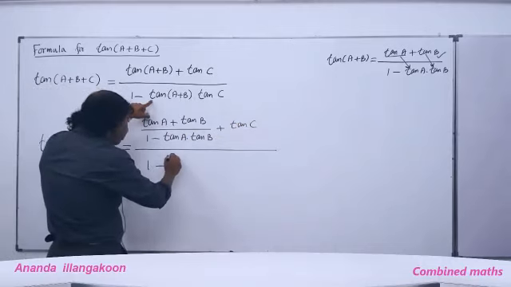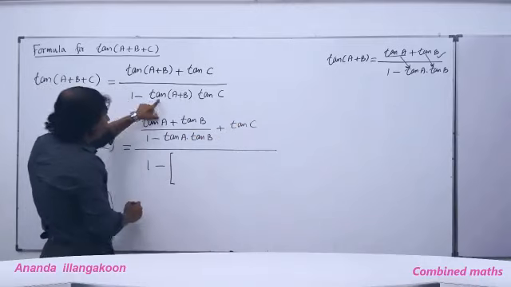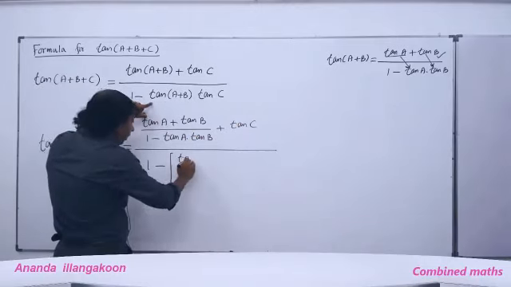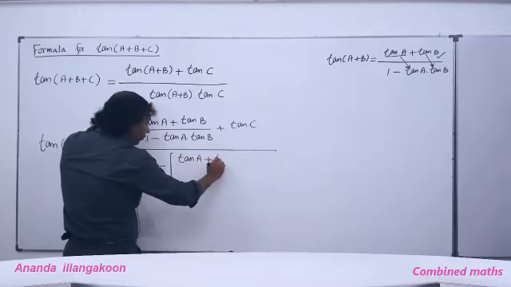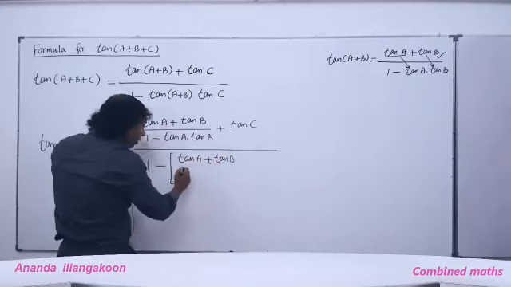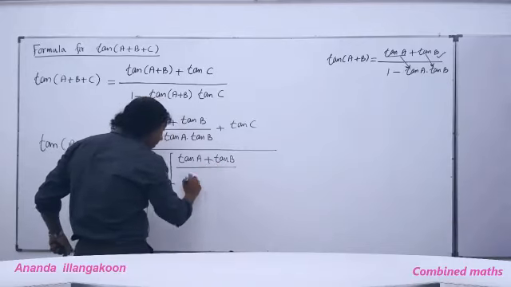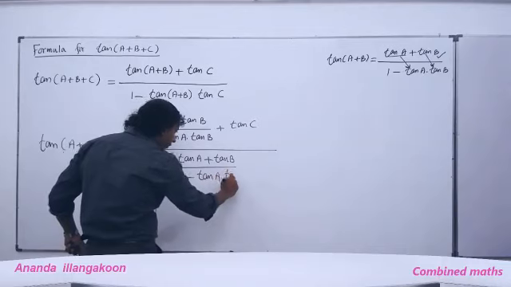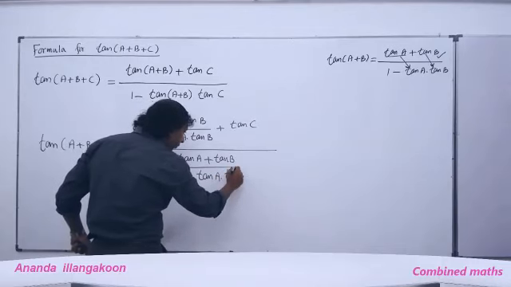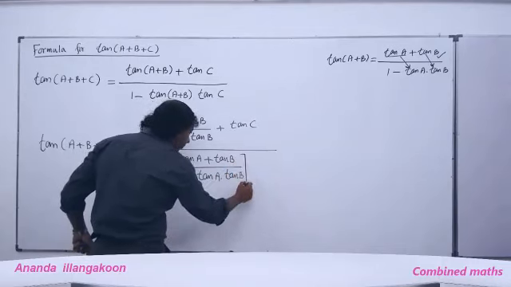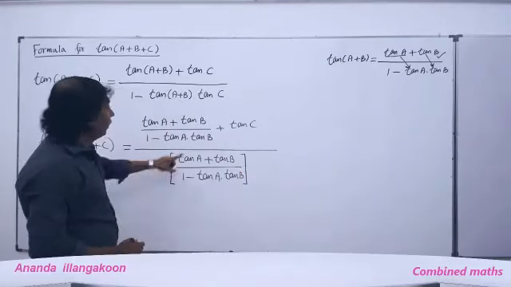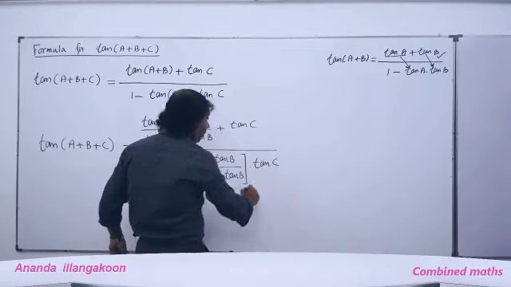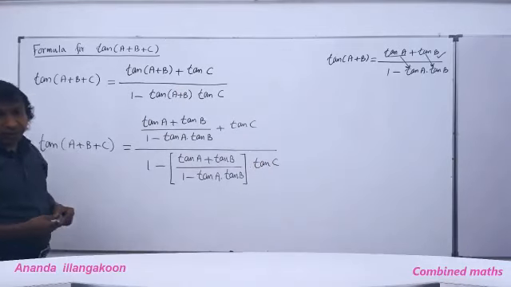We have to put a bracket here because before this we have a minus sign. Then we write this one. What is that? Tan A plus tan B divided by 1 minus tan A tan B, into tan C. Up to here. Now I think you can easily understand.